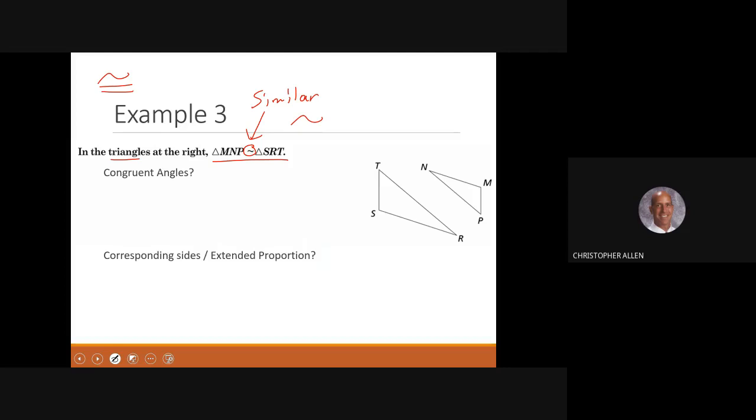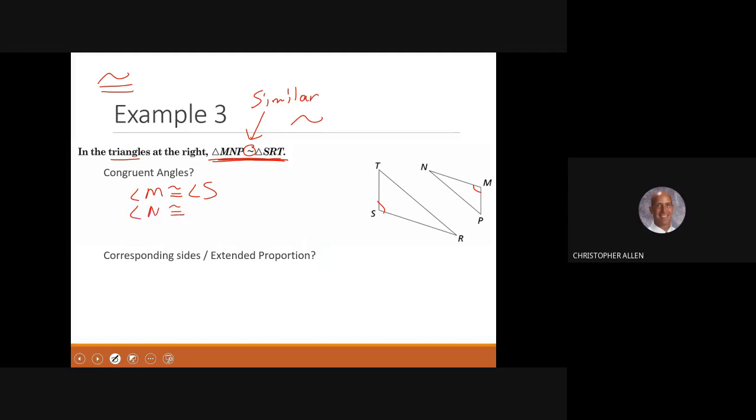So for example, I'm telling you that angle M has to be congruent to angle S. So here's angle M right here. It has to be congruent to angle S based on this similarity statement. Also, angle N has to be congruent.